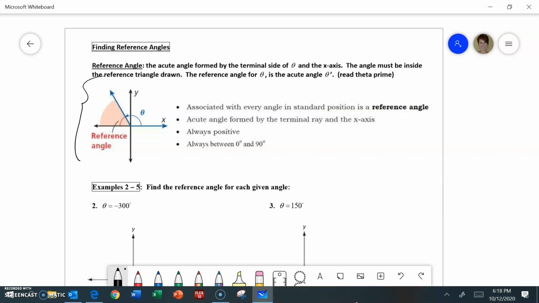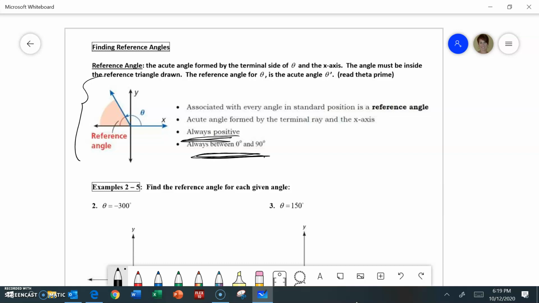The reference angle is going to help you not have to always know the sine or the cosine of anything bigger than 90, because a reference angle is always going to be between 0 and 90. So even though you're going to work with larger angles, the reference angle is always between 0 and 90, and it's always positive.